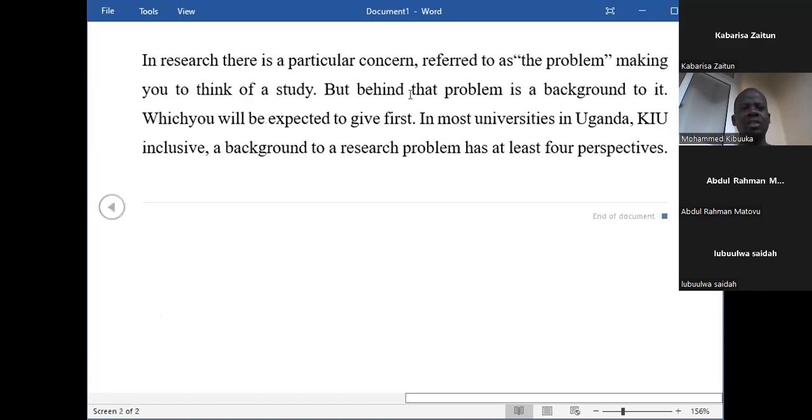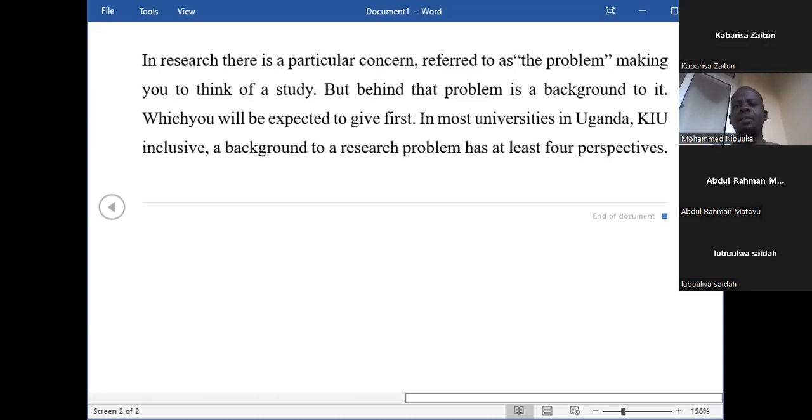In research, we are investigating a problem, and it is this problem we want to give a background to. So a background to a problem is where you tell us what has happened before.